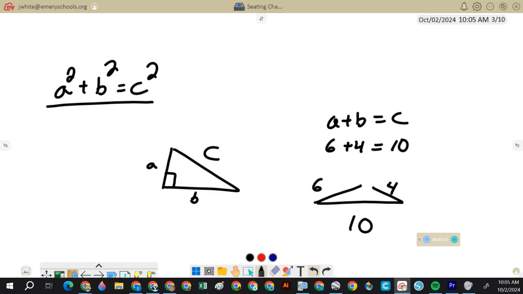So if I gave you sticks, one was a 10 and one was a 6 and one was a 4, the only way to get the 6 and the 4 to touch is to lay them flat, and they would be the same length as the 10, and that's not a triangle. So A plus B never equals C in any triangle.